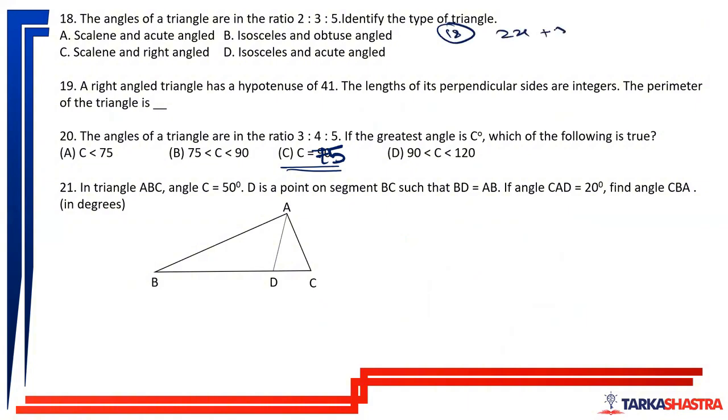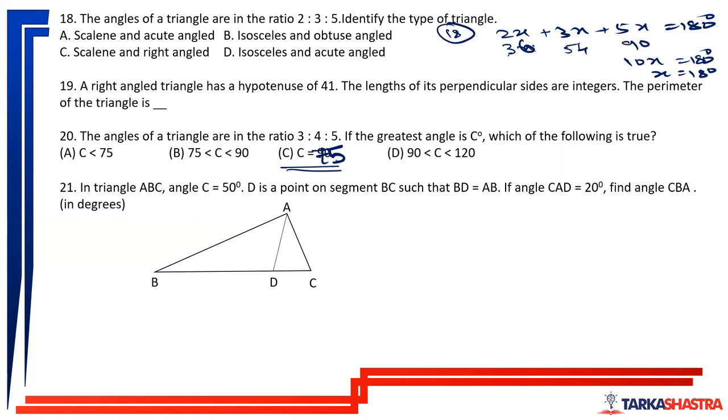That is 2x plus 3x plus 5x is equal to 180 degrees, which gives me 10x is equal to 180 degrees, which gives me x is equal to 18 degrees. Now that x is equal to 18 degrees, 2x will be 36 degrees, 3x will be 54 degrees, and 5x will be 5 into 18, that is 90 degrees.